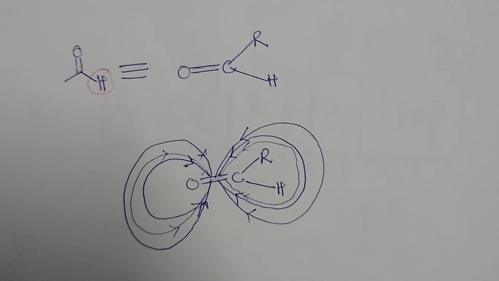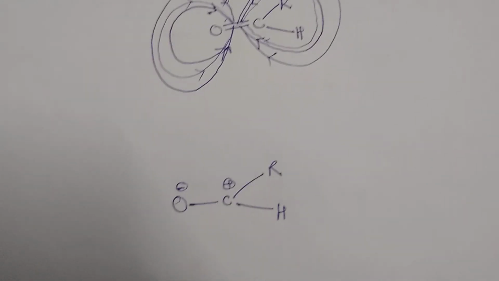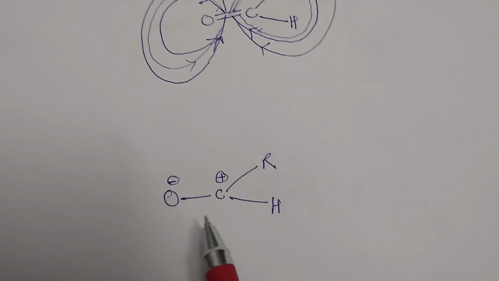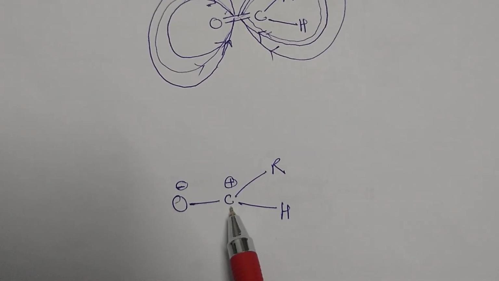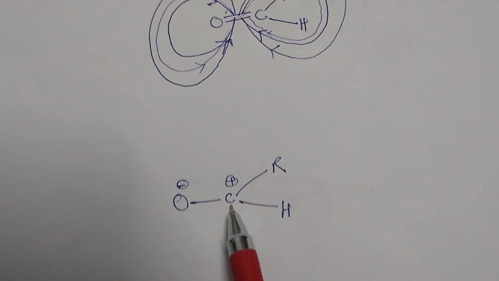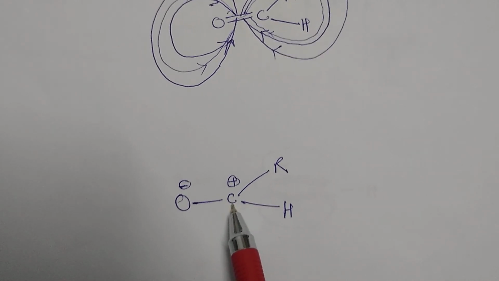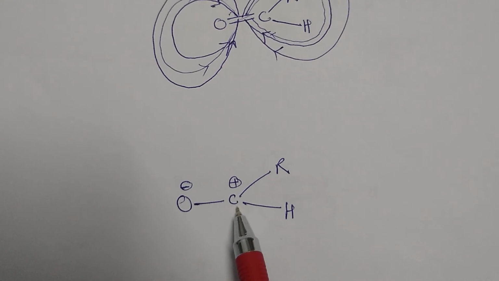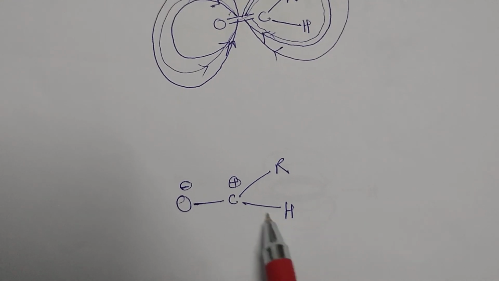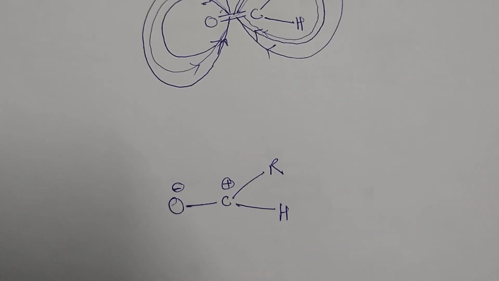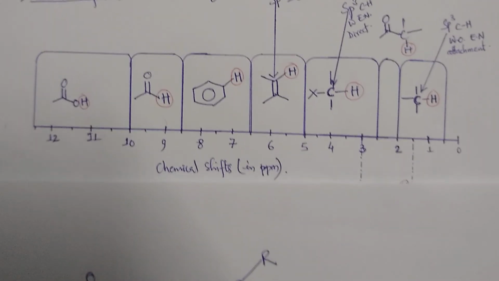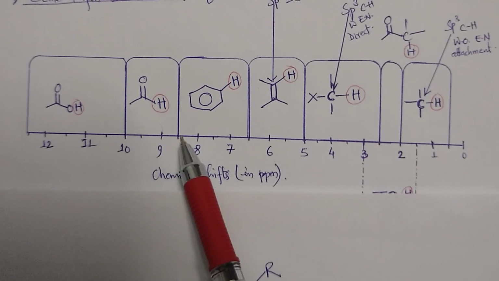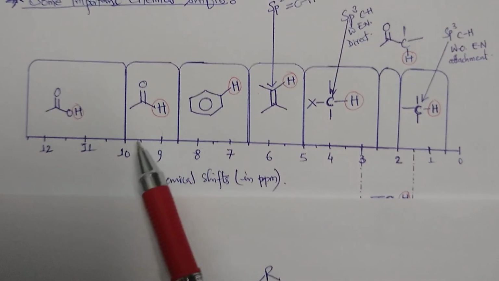This is one reason. Another reason, if we see the polar structure of the carbonyl group here, the carbon is positively charged. Due to this positively charged carbon, it creates more deshielding of the aldehydic proton. That's why the aldehydic proton has a high chemical shift that ranges from 8.5 to 10.